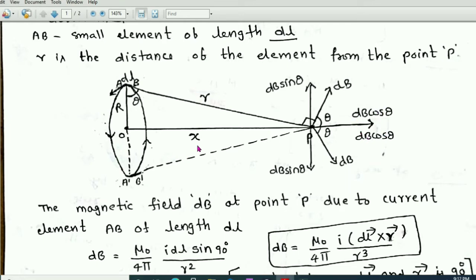Finally we can conclude that the vertical components get cancelled and the horizontal components get added. If you take the summation of all the horizontal components, we will get the total magnetic field at point P due to the circular current carrying coil.